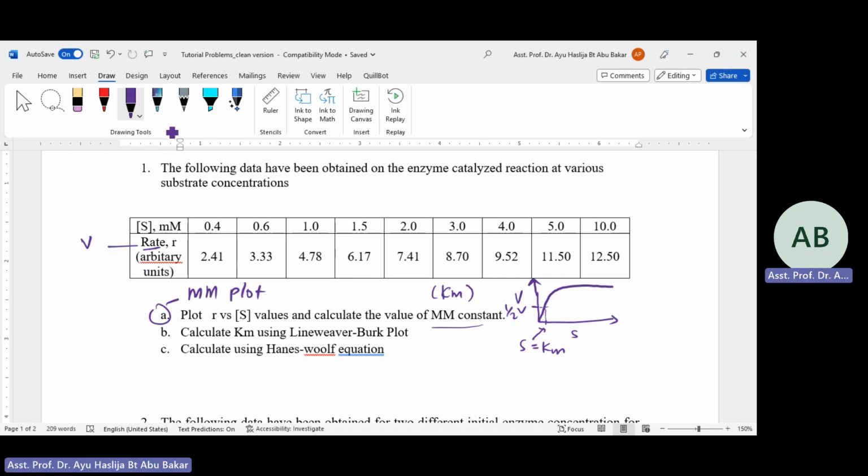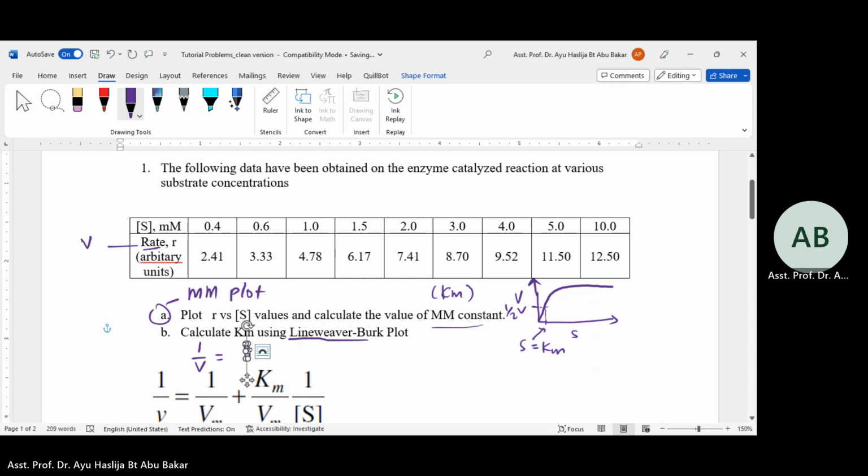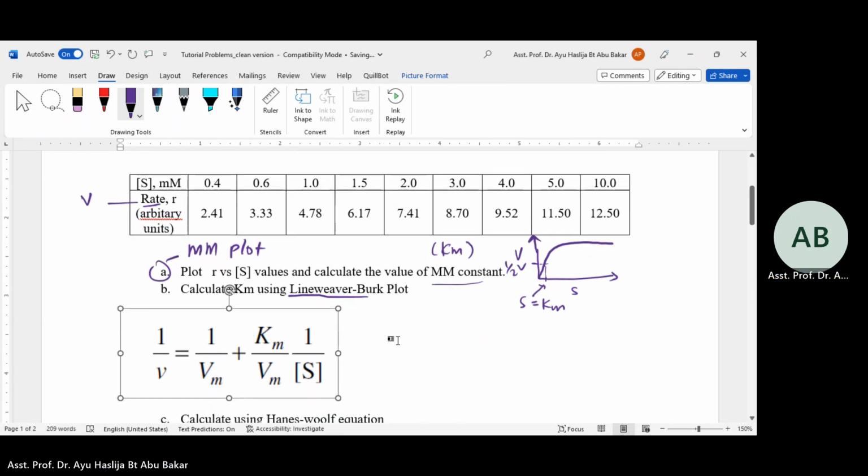For B, the Lineweaver-Burk plot, this one is the linear plot. The linear equation, okay, so this is for the Lineweaver-Burk plot using this equation.